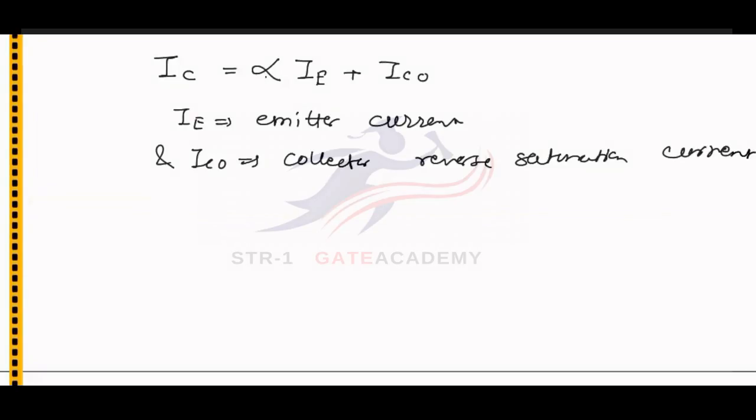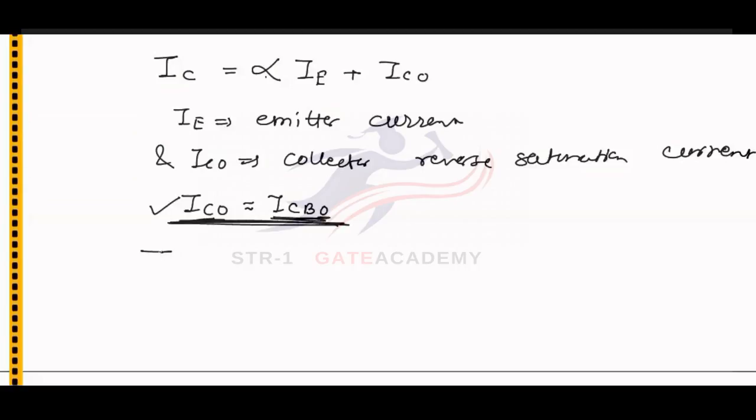This ICO is almost equal to ICBO. There is little difference between these two currents, and if in a problem this current is given in place of this, we can use ICO in place of ICBO.